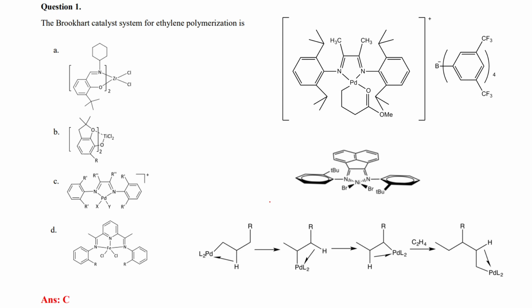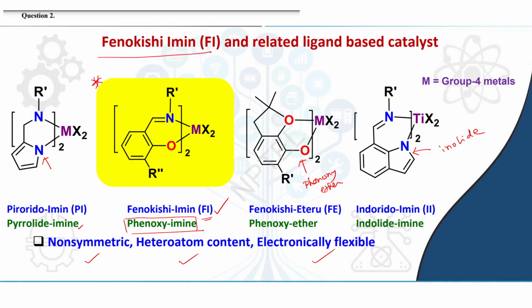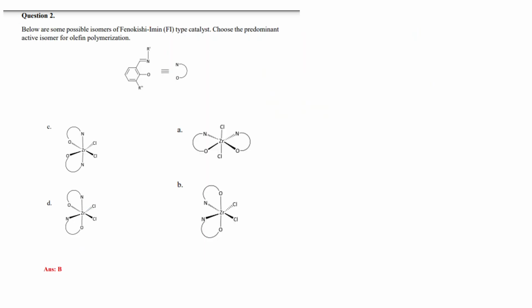So here we have learned that the thing and is option. Now, these are some examples of phenothiazine type catalyst and the predominant active isomers they want. So B is actually your predominant one.